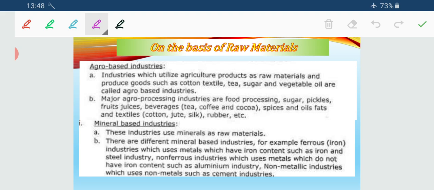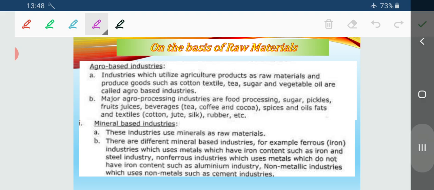Agro based industry and mineral based industry. So on the basis of the source of raw material, one gets the raw material from agriculture, another one gets the raw material from the mining activity.